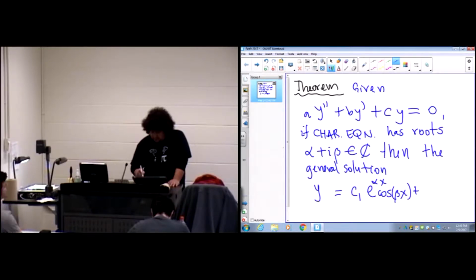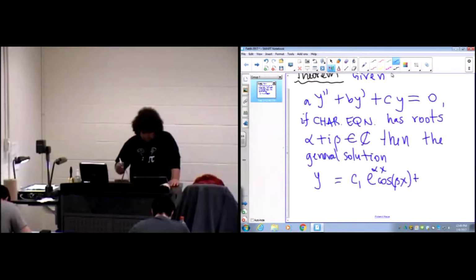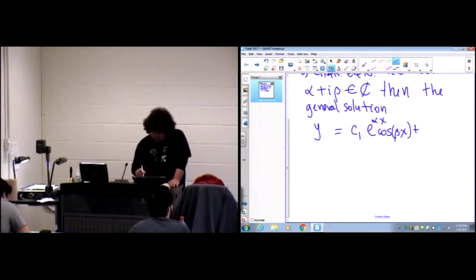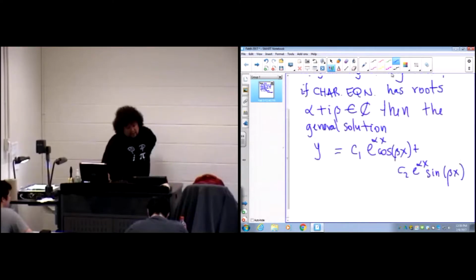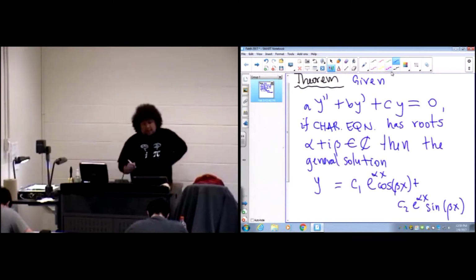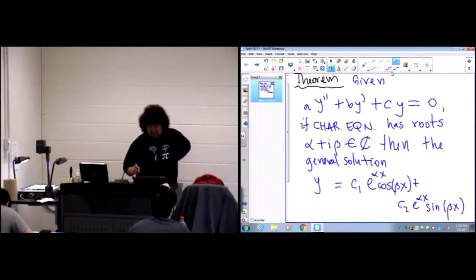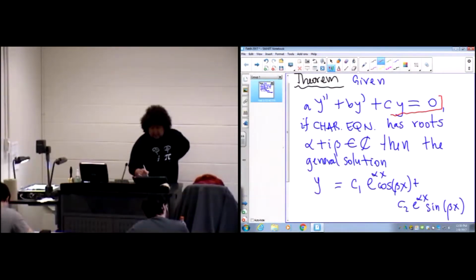When we assume that the solution of this second order linear differential equation is exponential, solving this differential equation is equivalent to finding the roots of a quadratic polynomial, a polynomial in R.